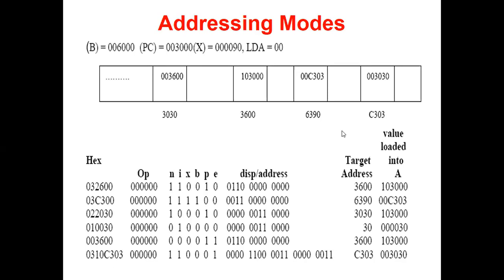These are the contents, 10300. So you can see that the value which is loaded into the accumulator is 10300. Okay. So is that first example clear?